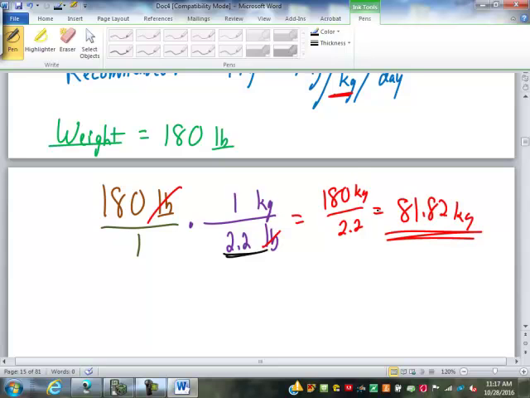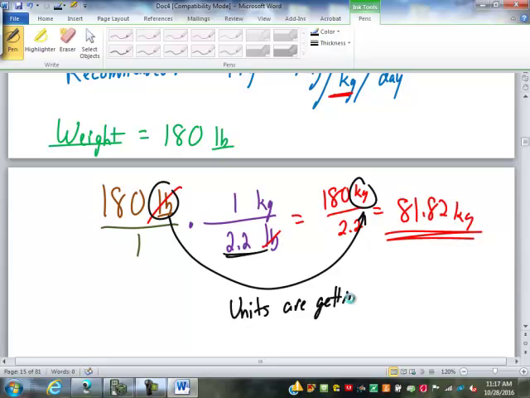Things to keep in mind. A kilogram is larger than a pound. So when you are converting from pounds into kilograms, the units are getting larger. So that means the number must do what?